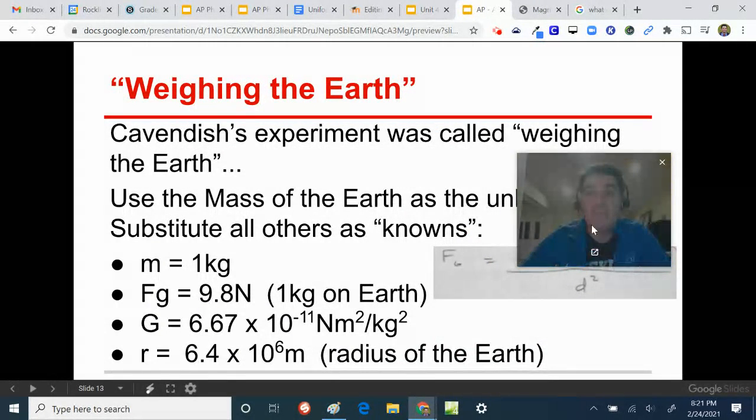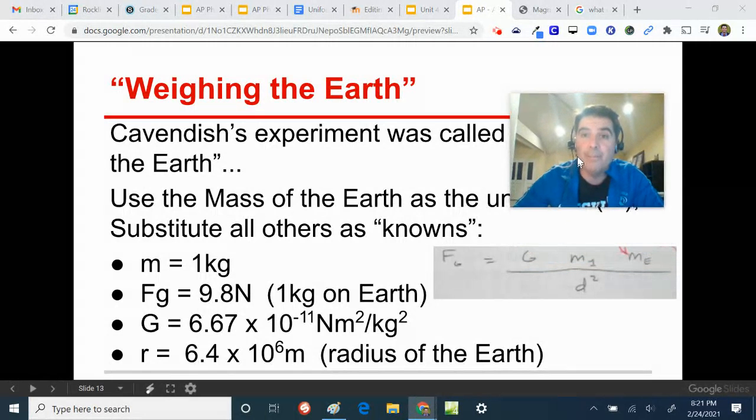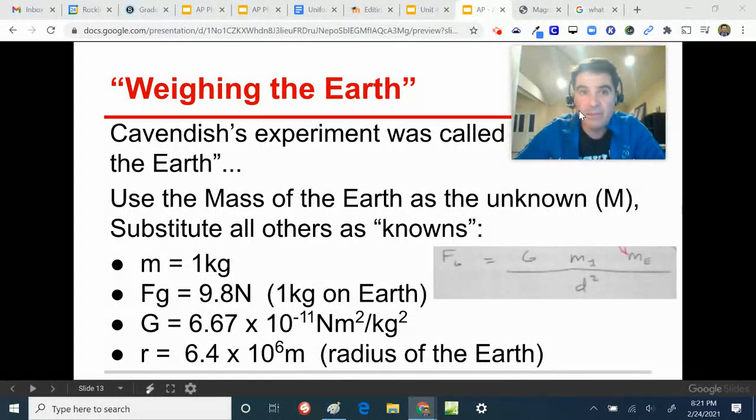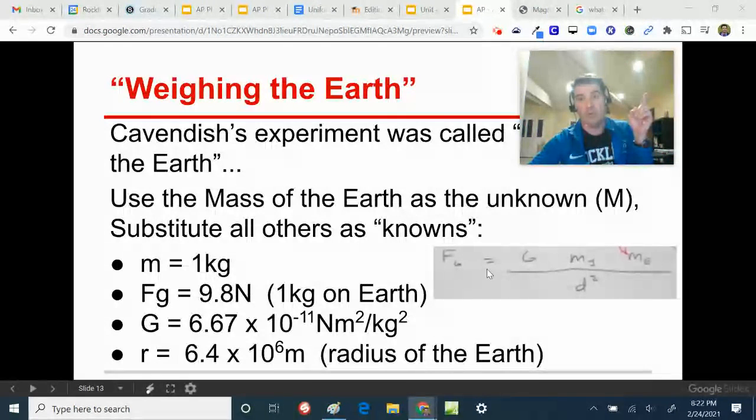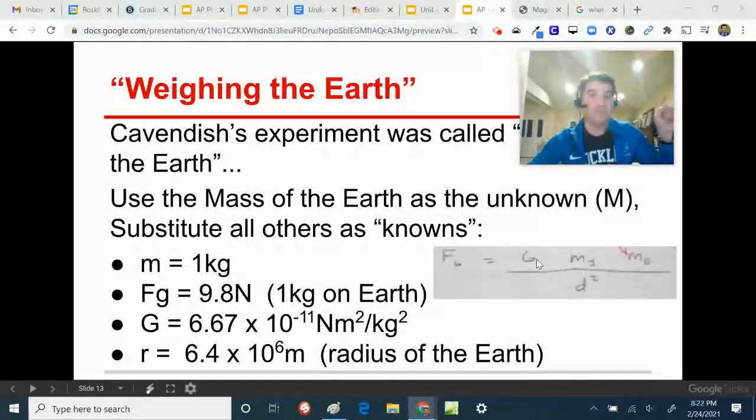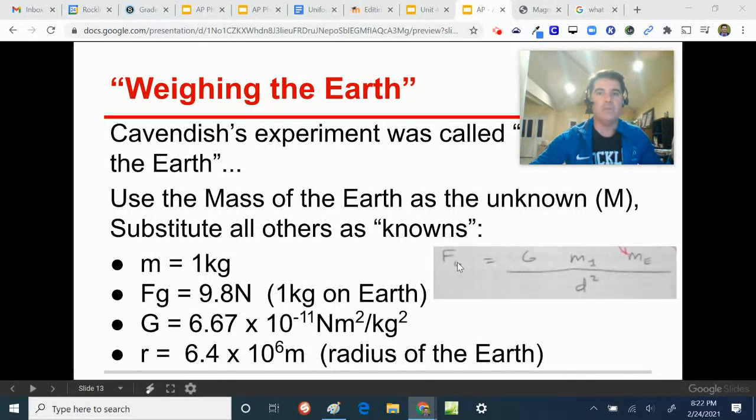Okay, Cavendish. Cavendish actually figured out the weight of the Earth. This is called weighing the Earth. He put it through a thought process. He said, what if I had a 1 kilogram apple? And what if I know G because of Philip von Jolly? I know G, and I know that a 1 kilogram apple has a weight of 9.8 newtons.